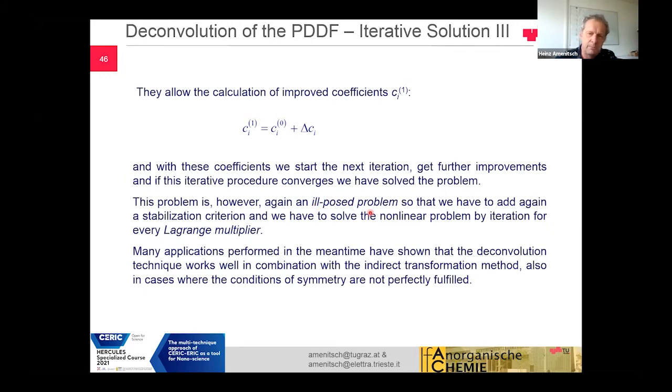This is always an ill-posed problem, so you have to introduce something like a stabilizer of the solution. You tell it that the final solution is not highly oscillating. You have a linear correlation between neighboring coefficients. This can be done properly, and it can be solved in the program DECON developed by Otto Glatter.